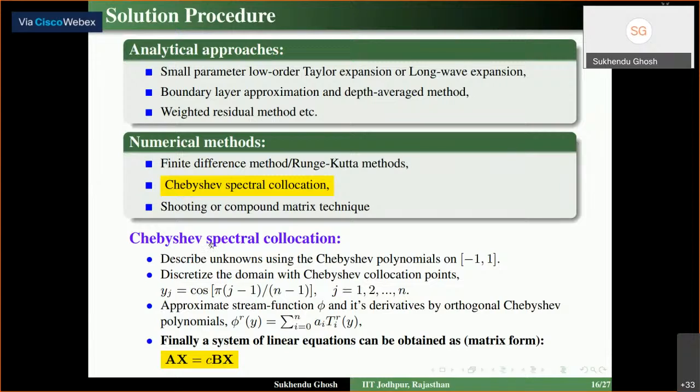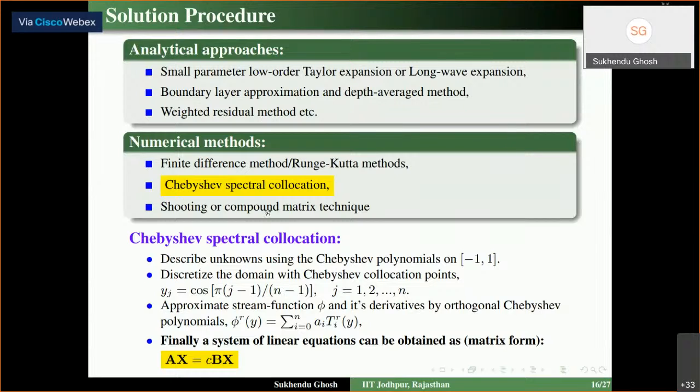Just quickly, a little bit about this method. I will not tell much more about this numerical method, but it can help you find the eigenvalues and eigenvectors of a very complex differential equation of Sturm-Liouville type.